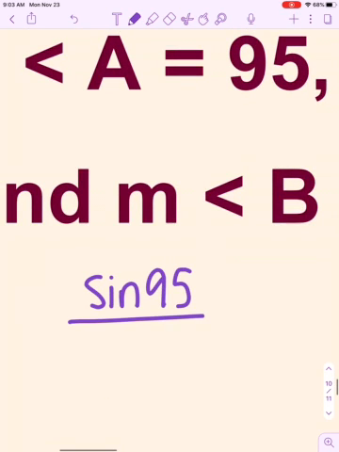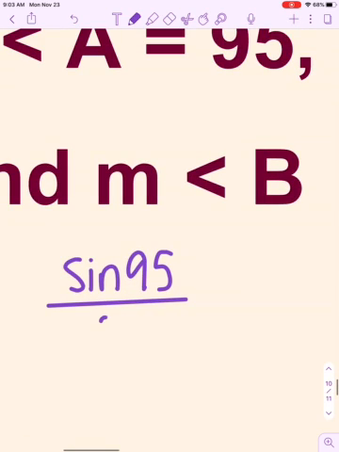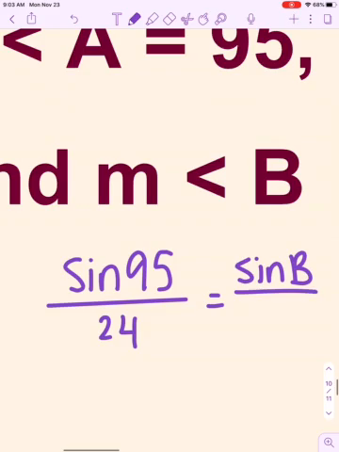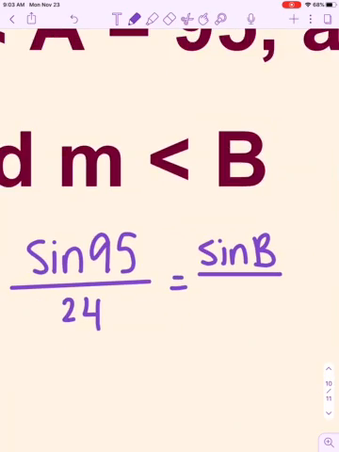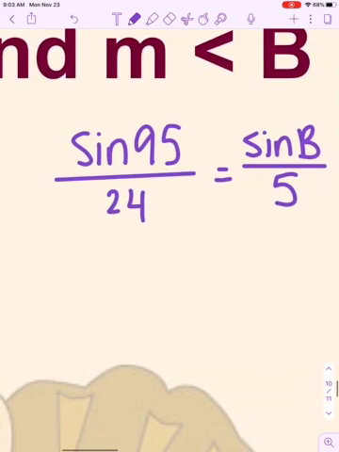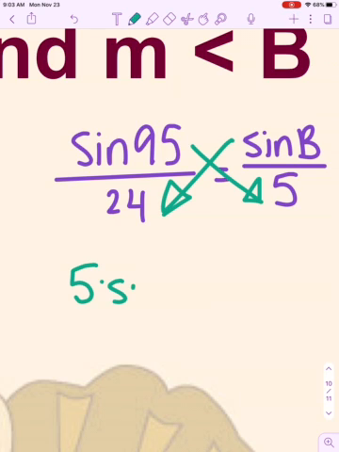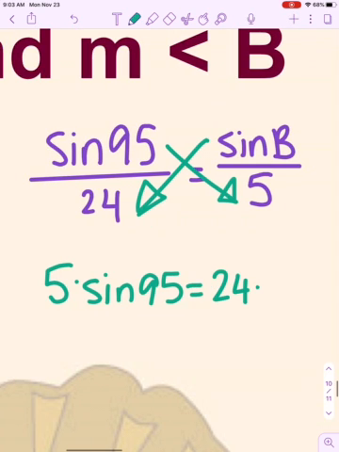So the sine of 95 over side A, which was 24, equals the sine of B over side B, which is 5. Cross multiply. Oh, that's ugly. Okay, so 5 times the sine of 95 equals 24 times the sine of B.